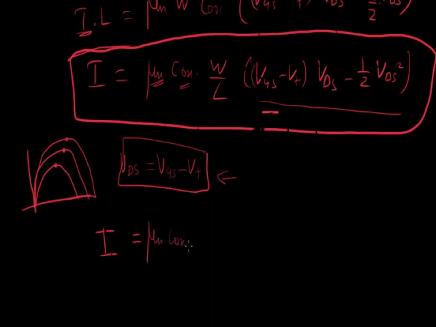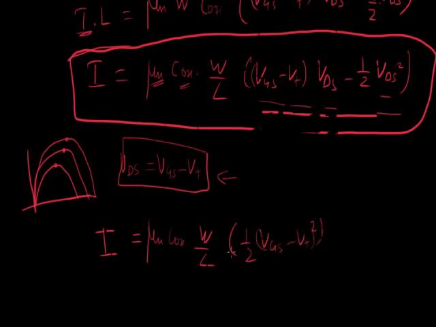Mu n Cox W over L. Let's work this over. VDS is going to become VGS minus VT, which times this is going to give you VGS minus VT the whole squared, minus half of VGS minus VT the whole squared. So 1 minus half is half. So you're going to have half VGS minus VT the whole squared.